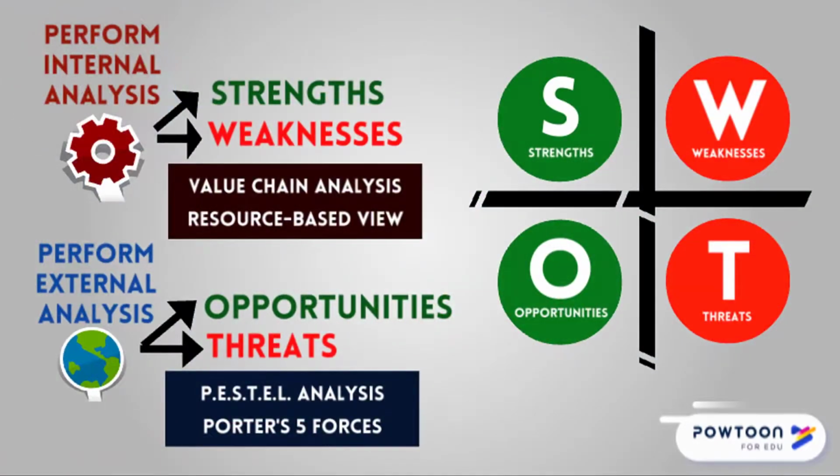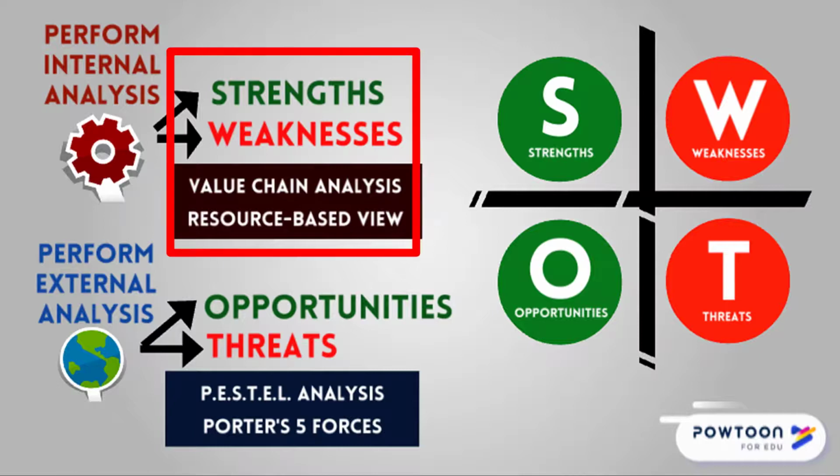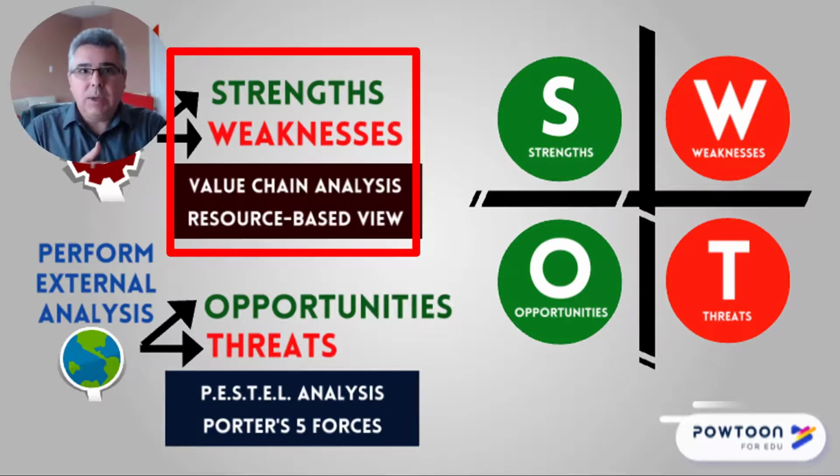And that's because it's the third lesson. It's always a process. We never go direct to the SWOT diagram. We start in the internal analysis doing the value chain analysis and the resource-based view to understand the strengths and weaknesses.